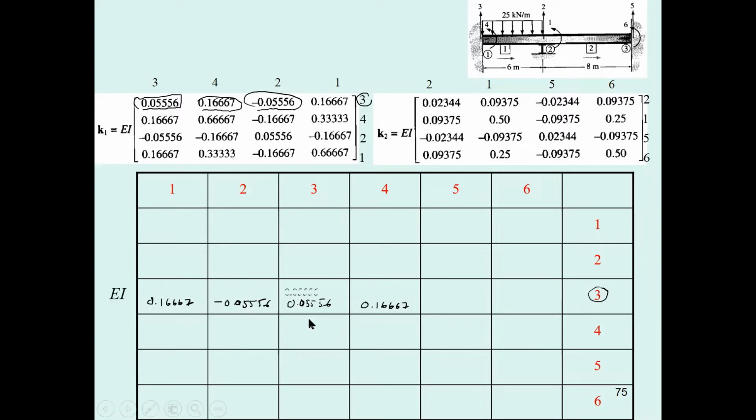This one is going to be 1, 2, 3, and 4. Don't forget the EI. And then go to the row 4. Row 4 is over here.